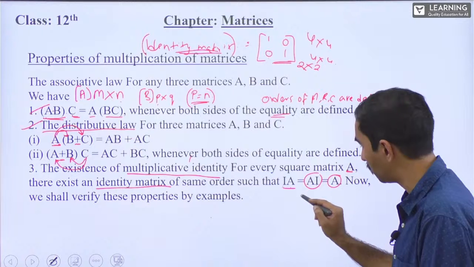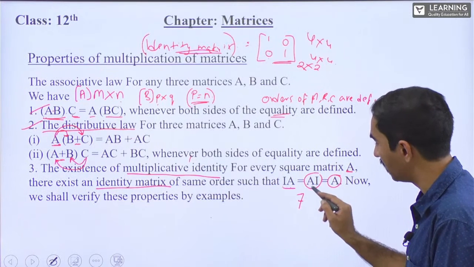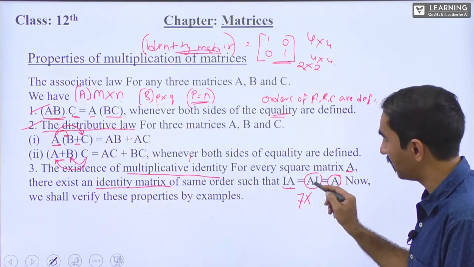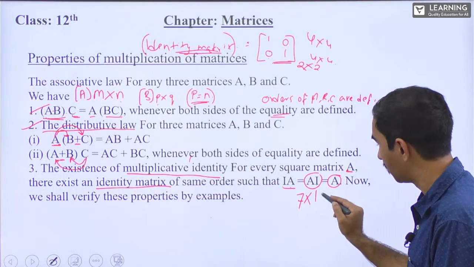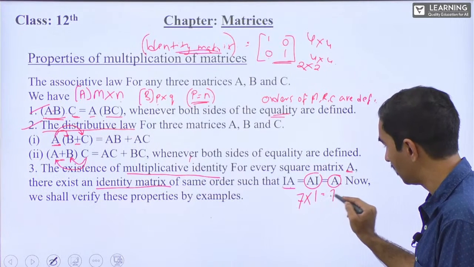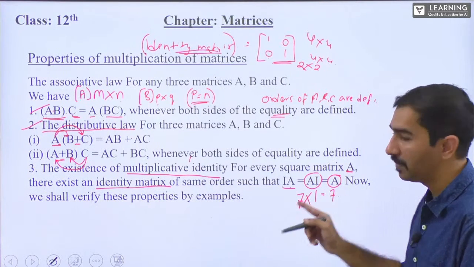Let us take A equal to 7 in terms of numbers. What is the multiplicative identity for numbers? 1. 7 into 1, what will we get? 7.